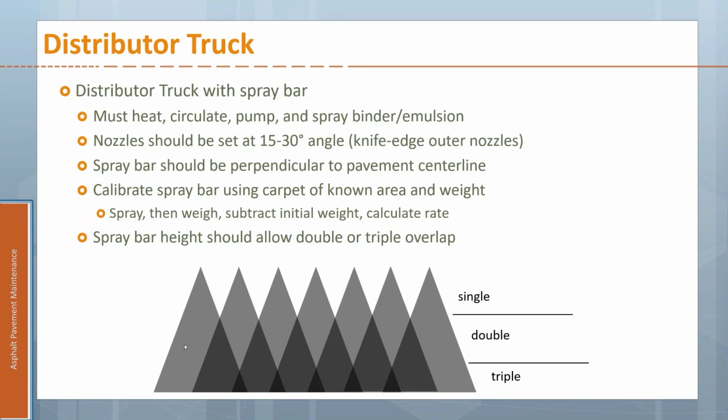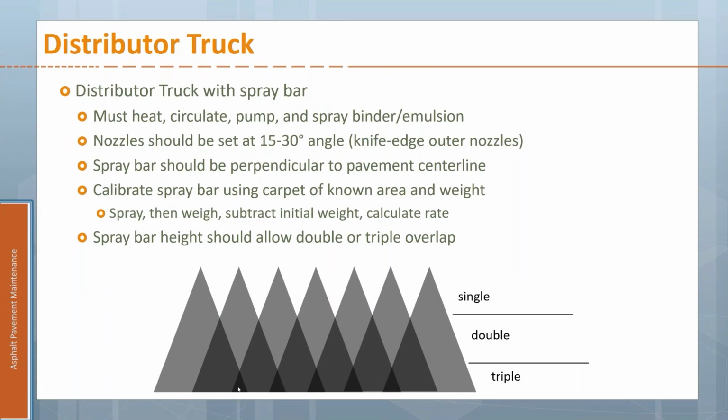And then down at the very bottom, you can see those darkest triangles. That's going to be where we actually have triple overlap. So nozzle number 1, 2, and 3, all 3 of those actually overlap just a little bit down here at the bottom.